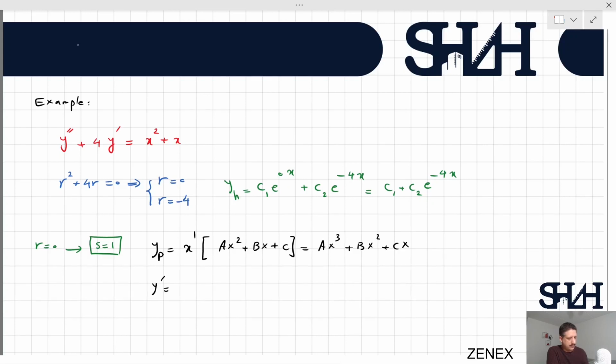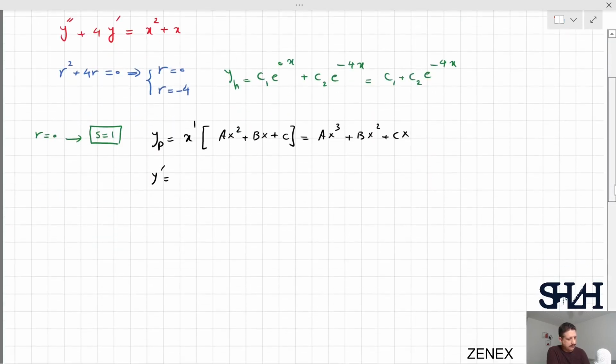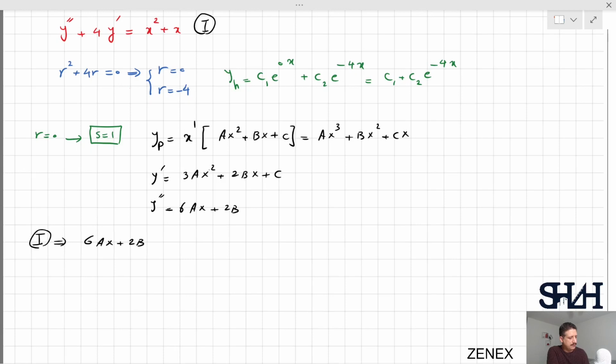Now, the first derivative will be 3ax² plus 2bx plus c, and the second one will be 6ax plus 2b. I can substitute these in equation number 1. 6ax plus 2b plus 4 times (3ax² plus 2bx plus c) equals x² plus x.